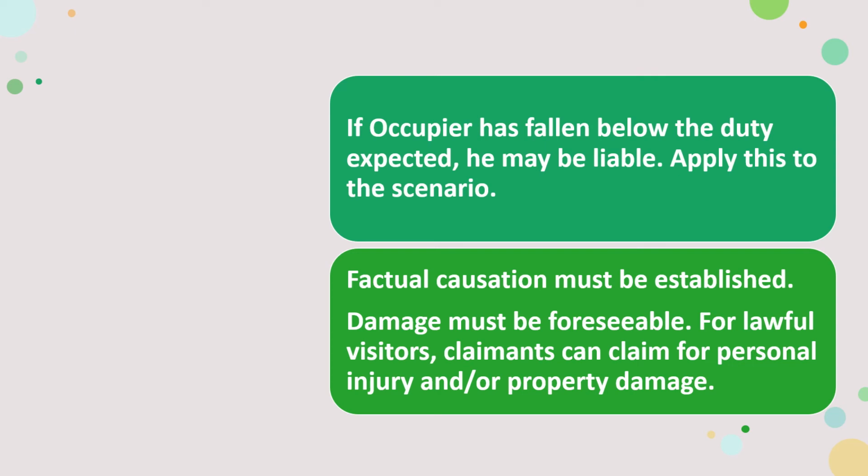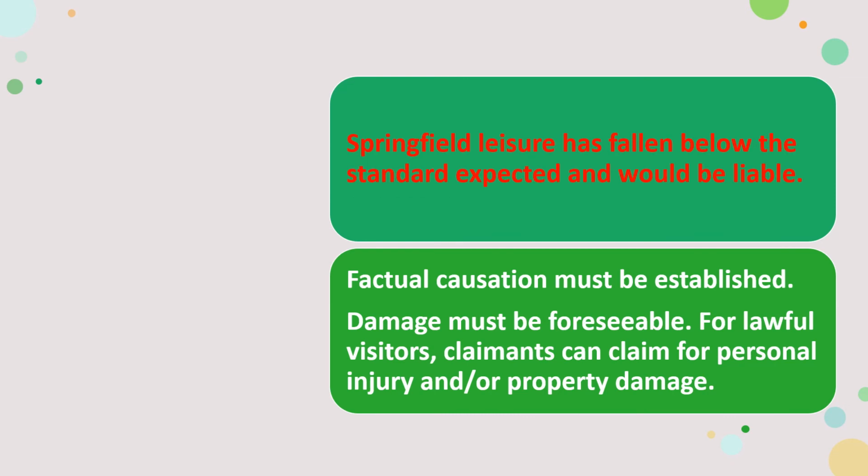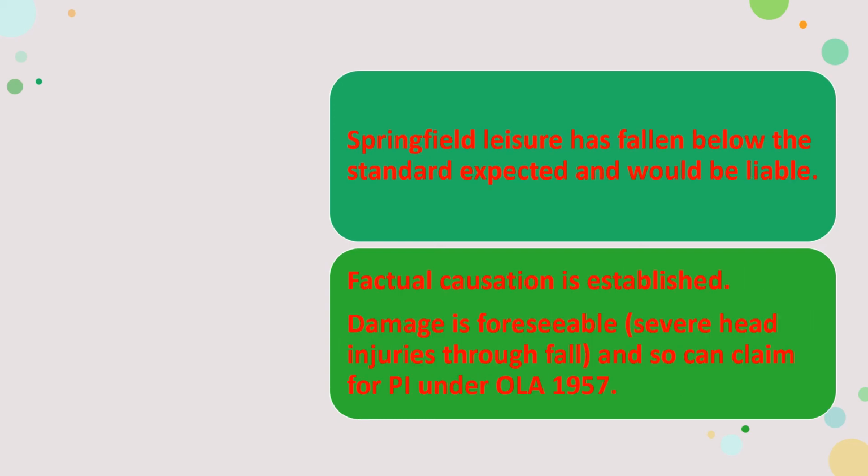So we've dealt with the common duty of care. With Homer, we just need now to consider have they fallen below the duty, and of course they have. By not having safe stairs, that's without doubt falling below the standard of care expected. In terms of causation, factual causation is established, because but for the premises being in that state, Homer would not have been injured.